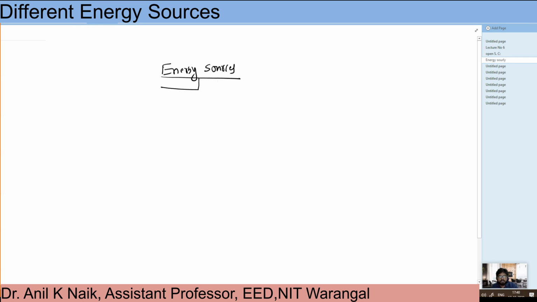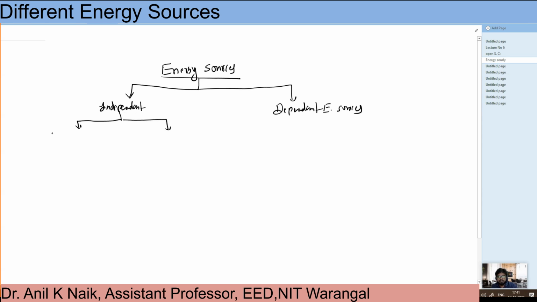Further, these energy sources are classified as independent energy sources and dependent energy sources. The independent sources are again the voltage source and the current source.